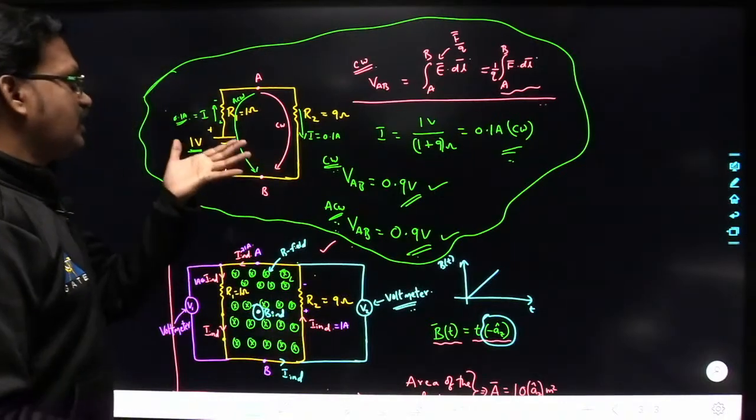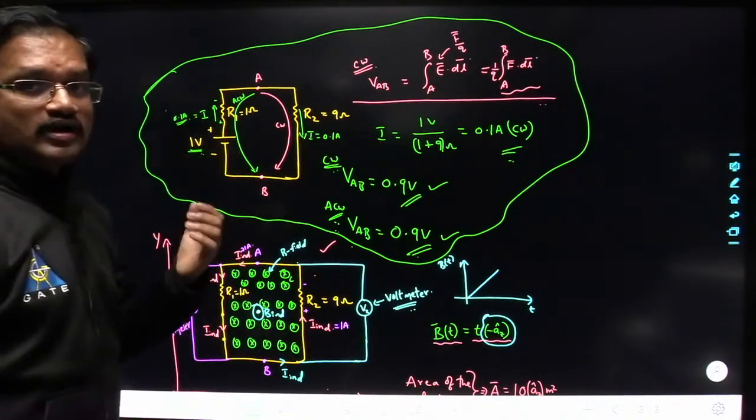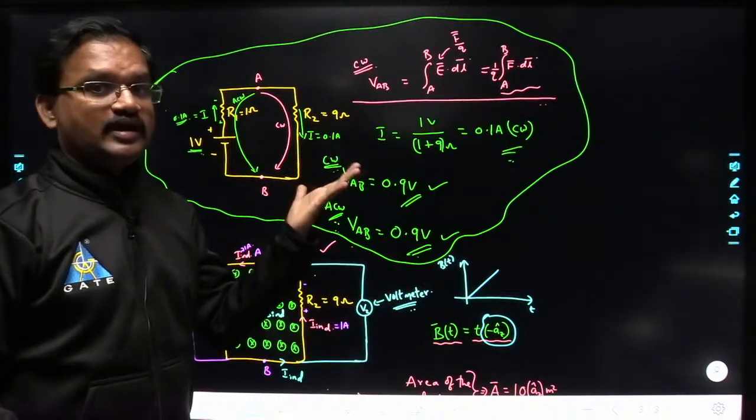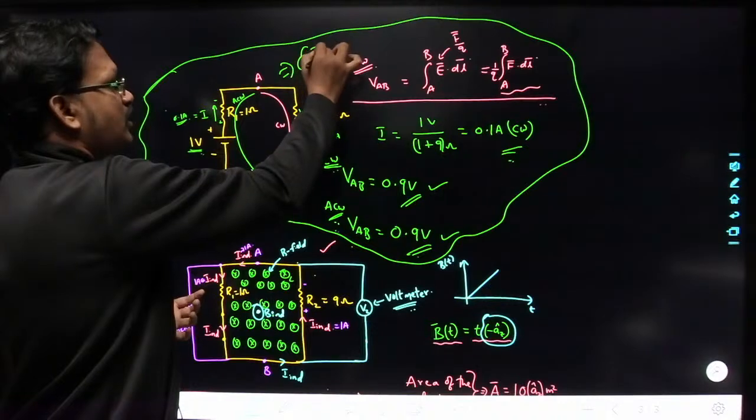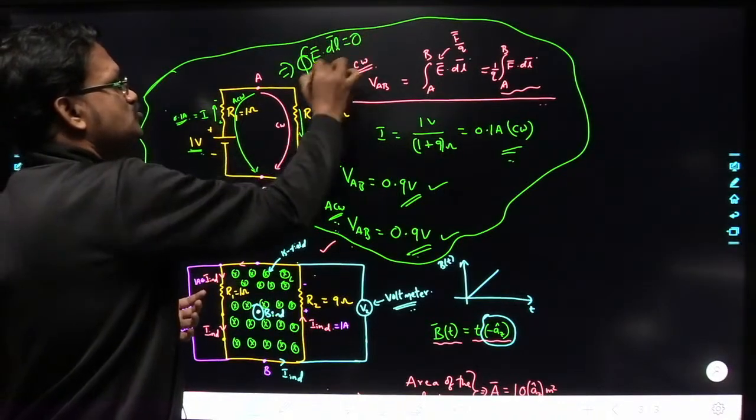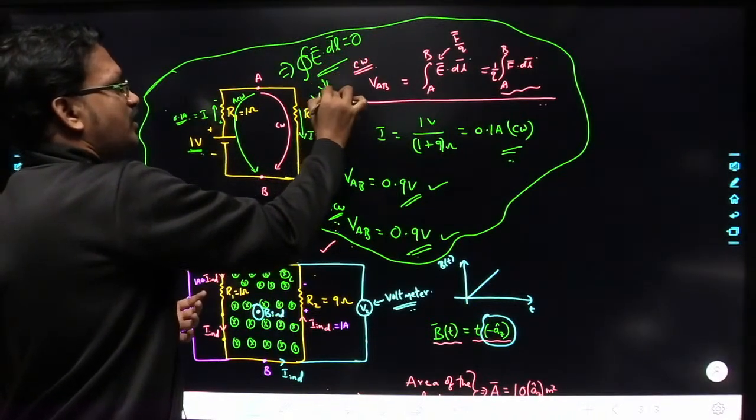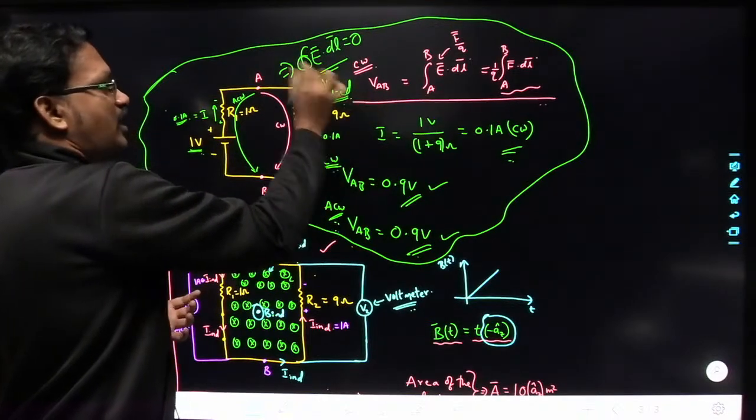Why? Here the electric field is conservative. So the circulation of electric field around this closed loop is equal to 0 is valid here. That means KVL is valid here.